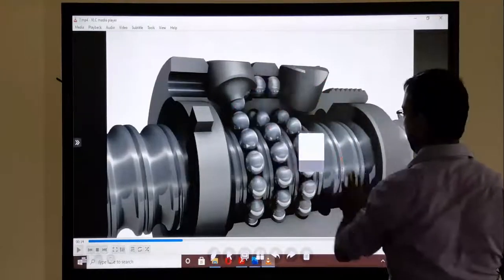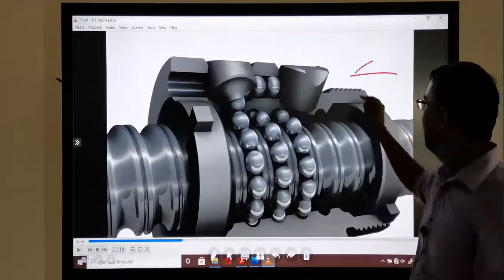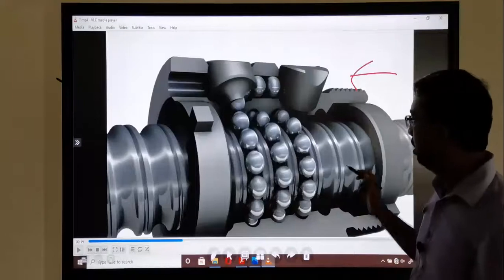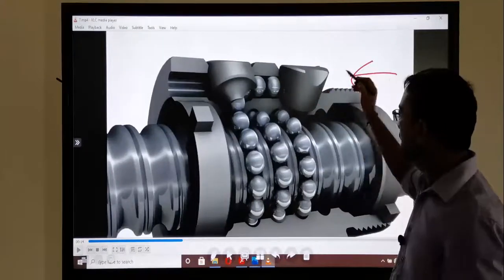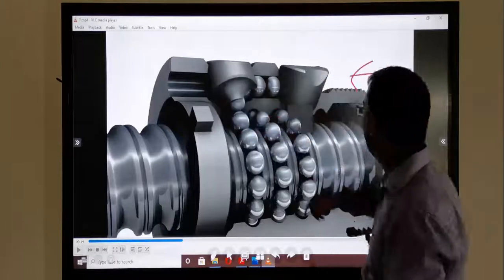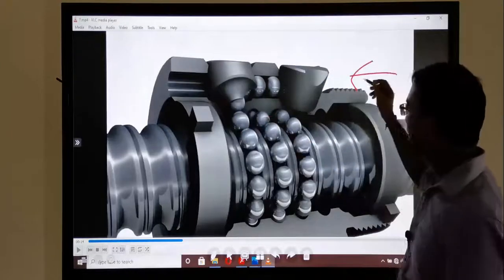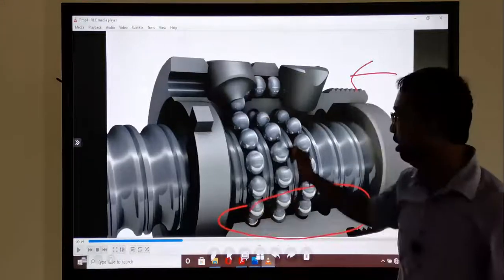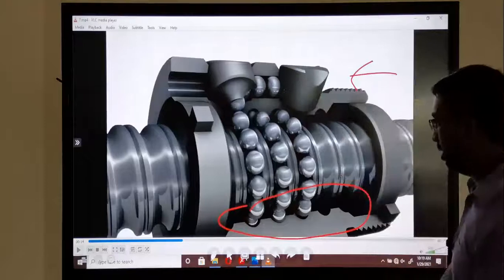If it moves in the opposite direction, it is the same process. This passage is related to the right side movement. For left side movement, there is another passage on the downside. Just imagine it's the same as this bypass line.